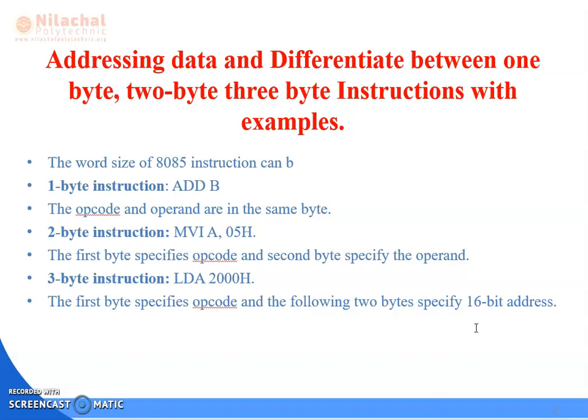The first byte specifies the code and the second byte specifies the operand. 3 byte instruction is LDA 2000H. So here the first byte specifies a code and the following 2 bytes specify a 16-bit address. So these are the different types of 1 byte, 2 byte and 3 byte instruction.